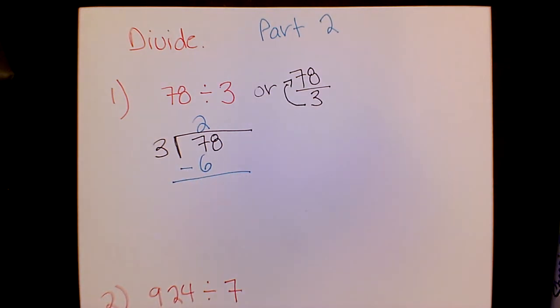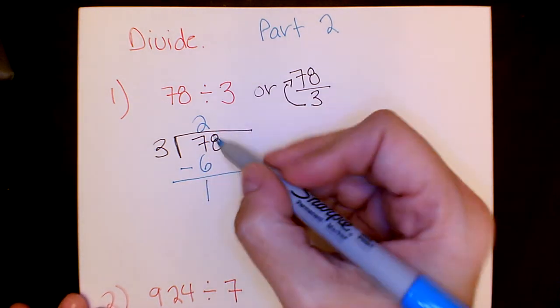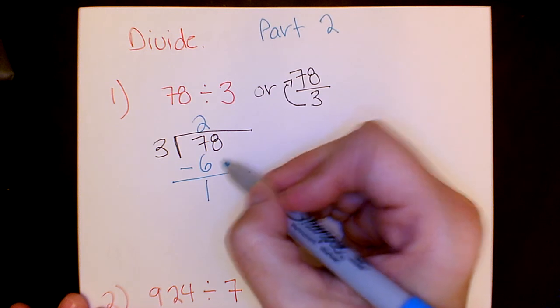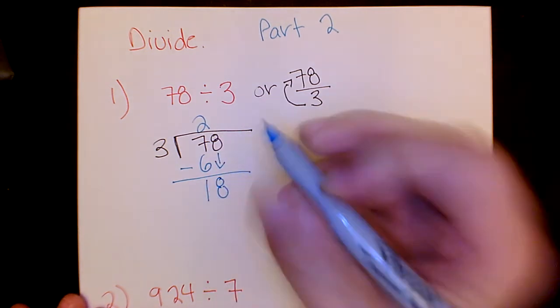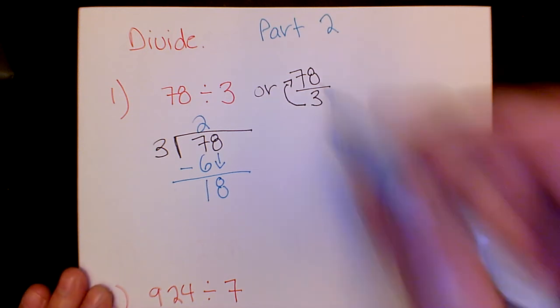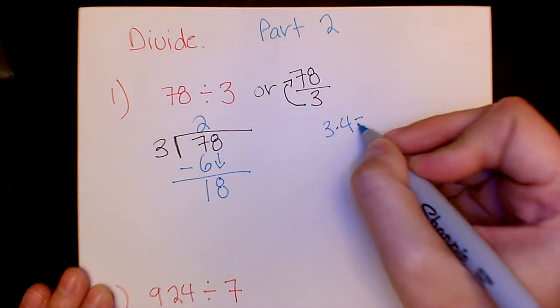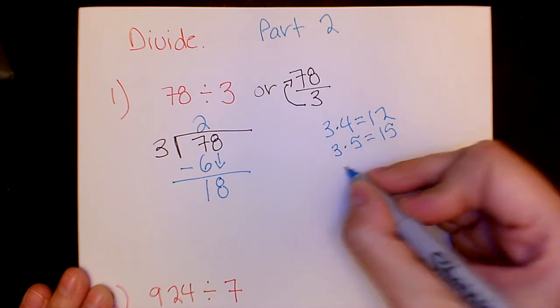Subtract down. So 7 minus 6 is 1. 8. There's nothing here. Just bring that down. And we start the process all over again. Does 3 go into 18? Well, I know 3 times 4 is 12. 3 times 5 is 15.